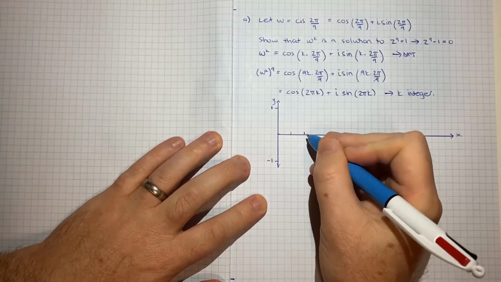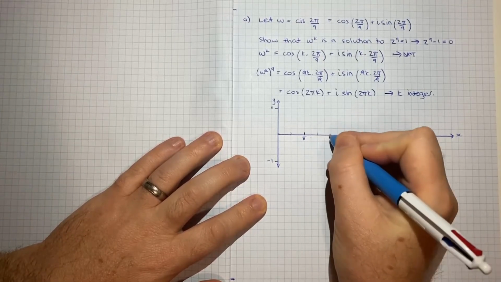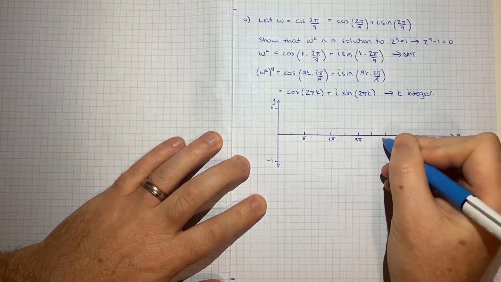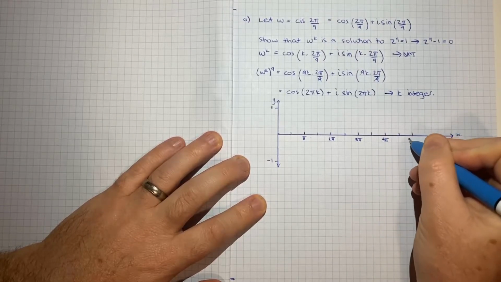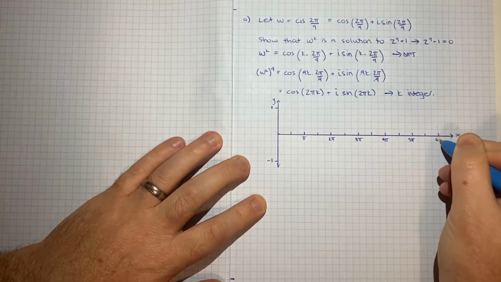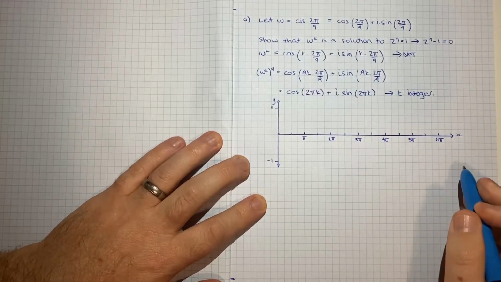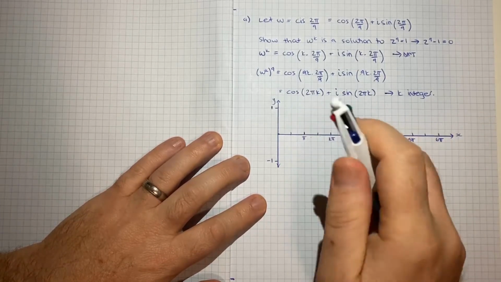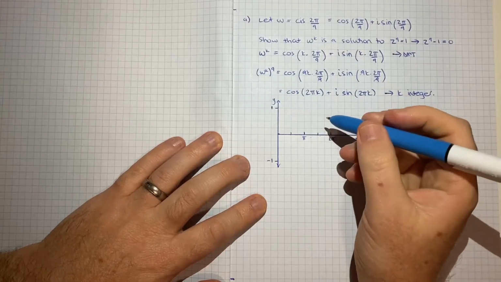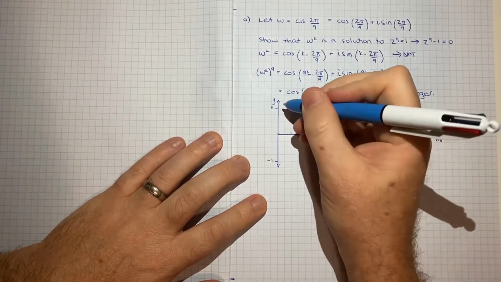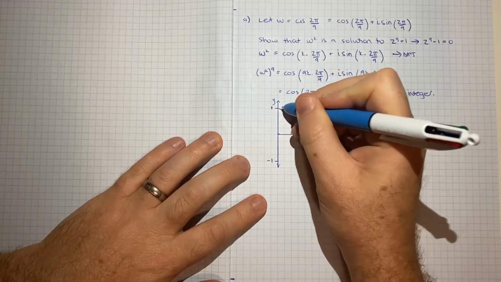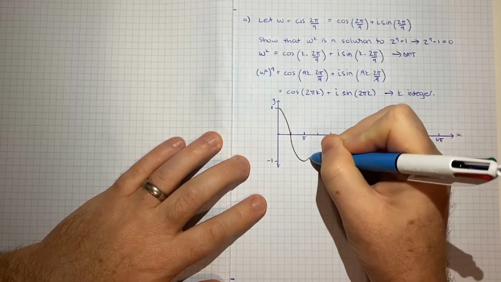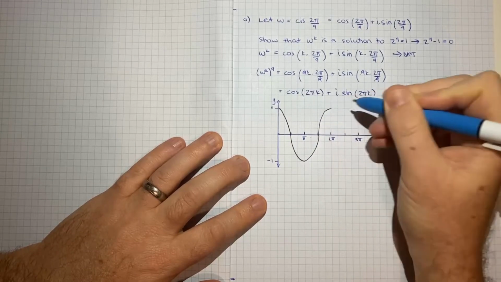And we'll go pi, 2 pi, 3 pi, 4 pi, 5 pi, 6 pi, and that's probably enough to demonstrate the point. I'll start by plotting y equals cos x. I might do that in black. So y equals cos x, it'll start at 1, we'll intercept at pi on 2, come down, and then it follows this recurring pattern.